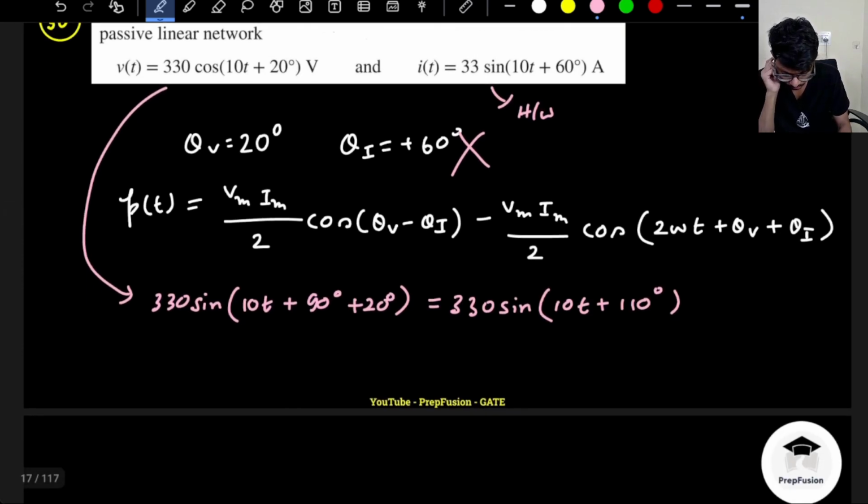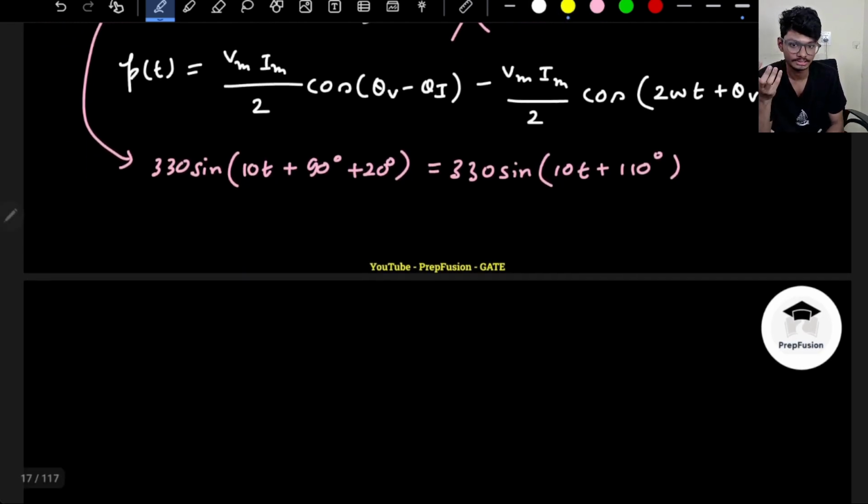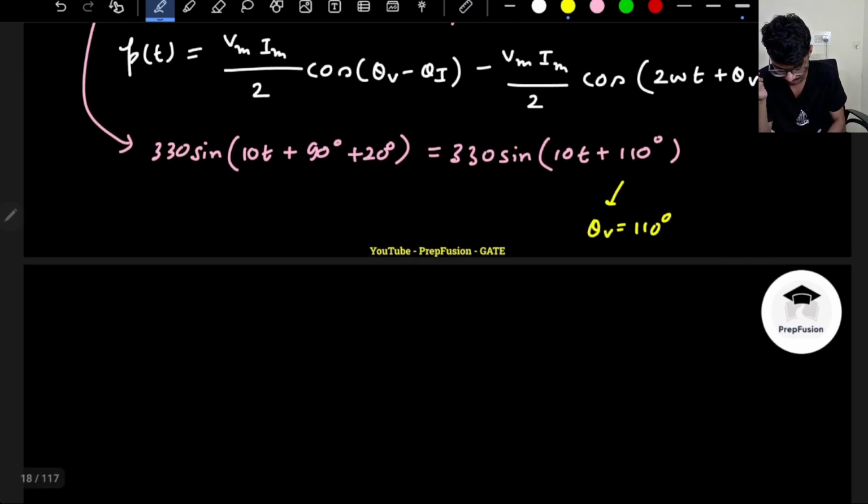Now, what is theta V? Theta V is 110 degrees. So from here I can directly write my expression for the instantaneous power. This will be Vm Im.